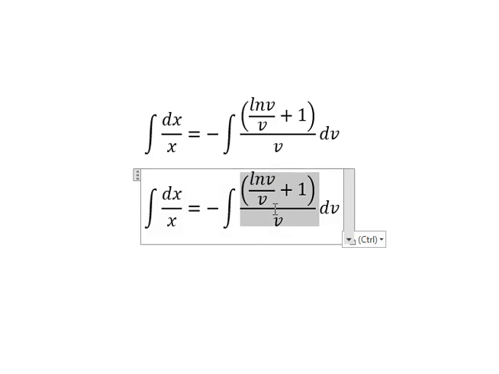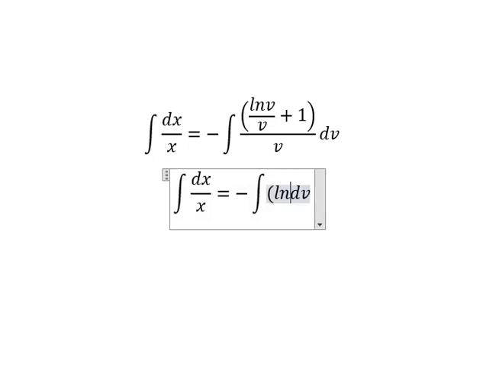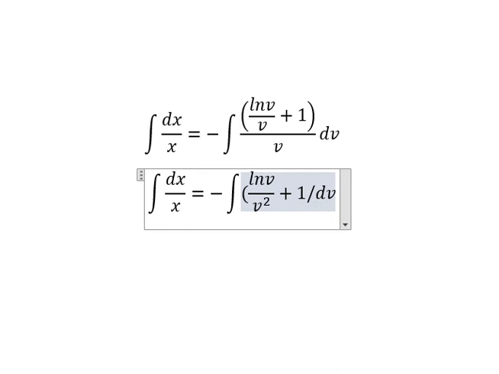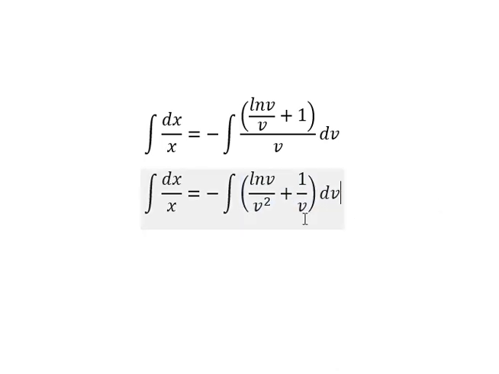So this one, we have ln v over v squared, and we have 1 over v. Now I will concentrate on this one only.